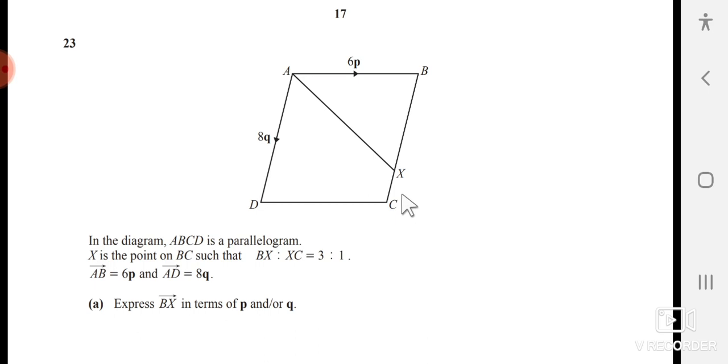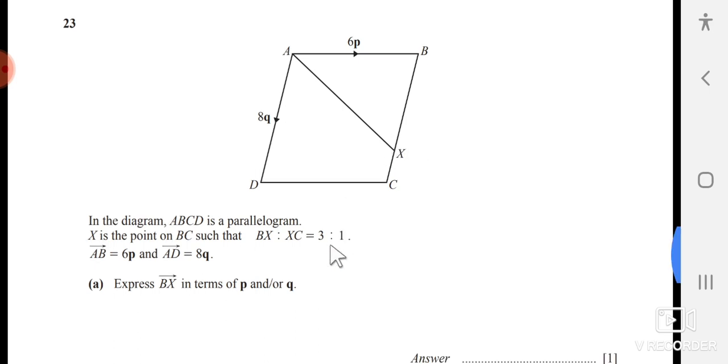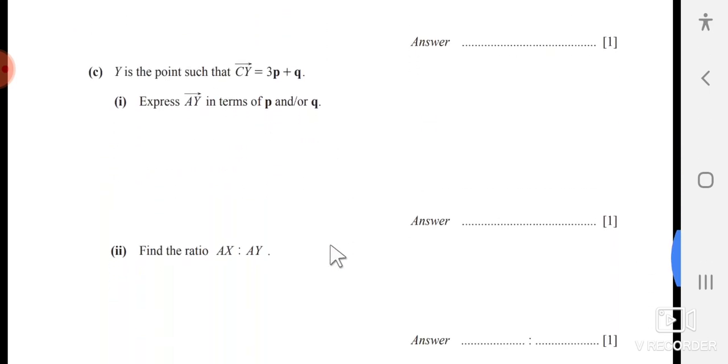Look, this is 6p plus 8q. First you go this way and then this way, 6p plus 8q, and the value of CY is given there. You will use this value of CY, which is 3p plus q. You can easily calculate AY, and then you will see that AY and AX can be simplified inside the bracket.